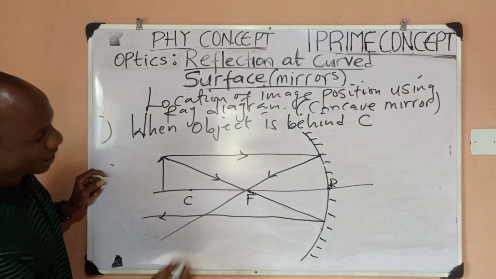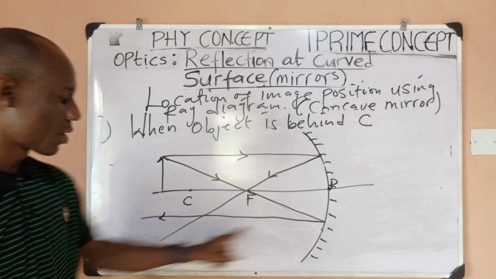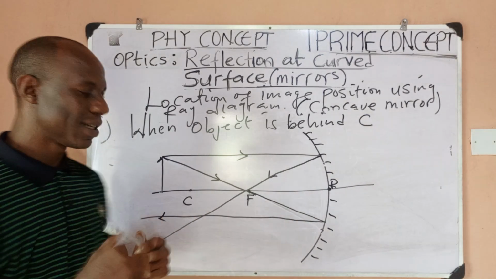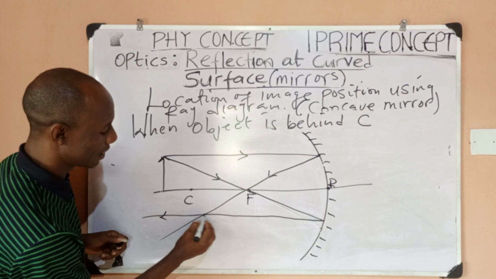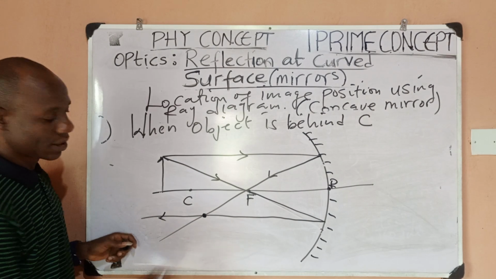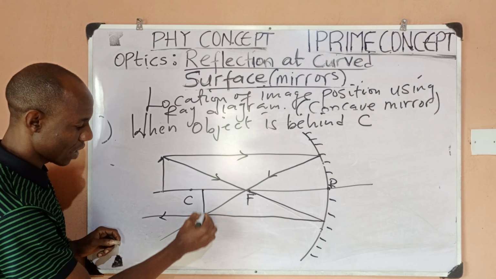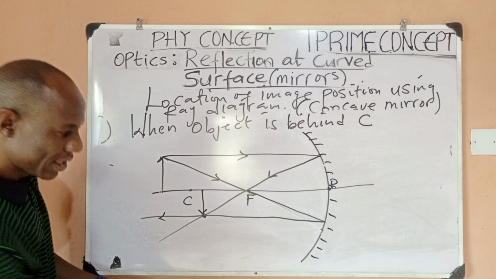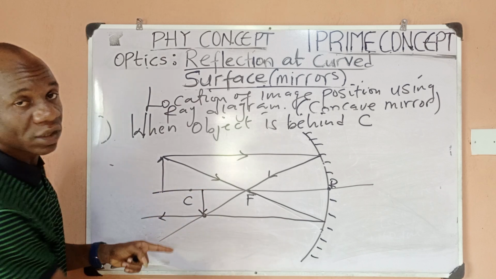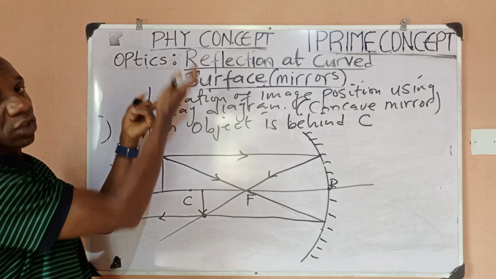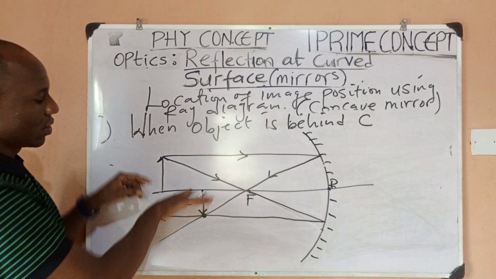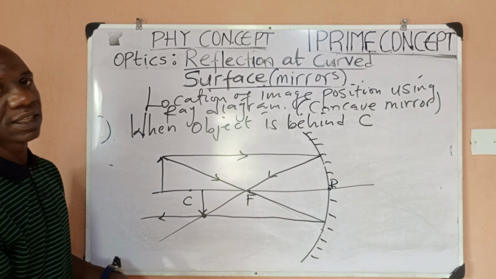So even though my lines are not very straight, you can see it's coming back parallel. Now, where do they intersect? This is their point of intersection, right? So if you check it, this is what you have. Since it is below, that's why it is still pointing down, because it is down. Assuming it was up, it would be facing up. But since it is below, it must point down, right?